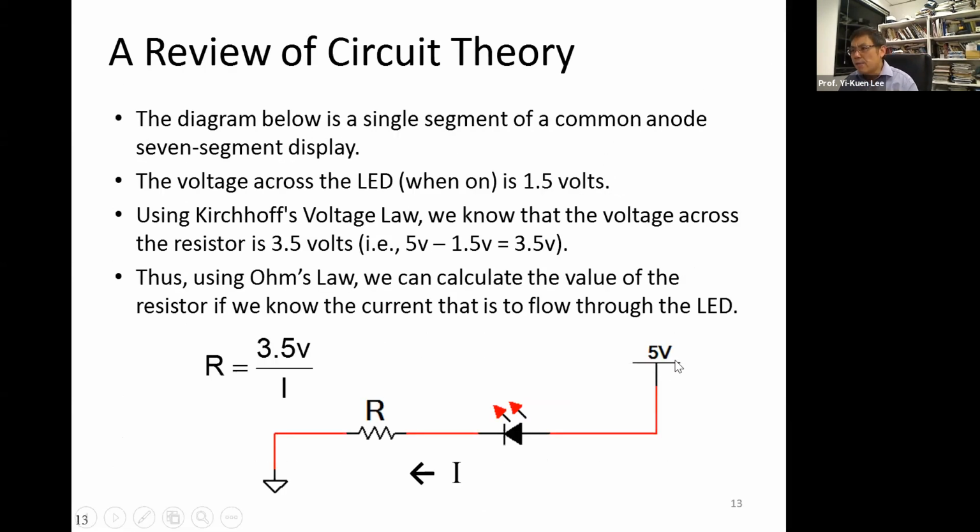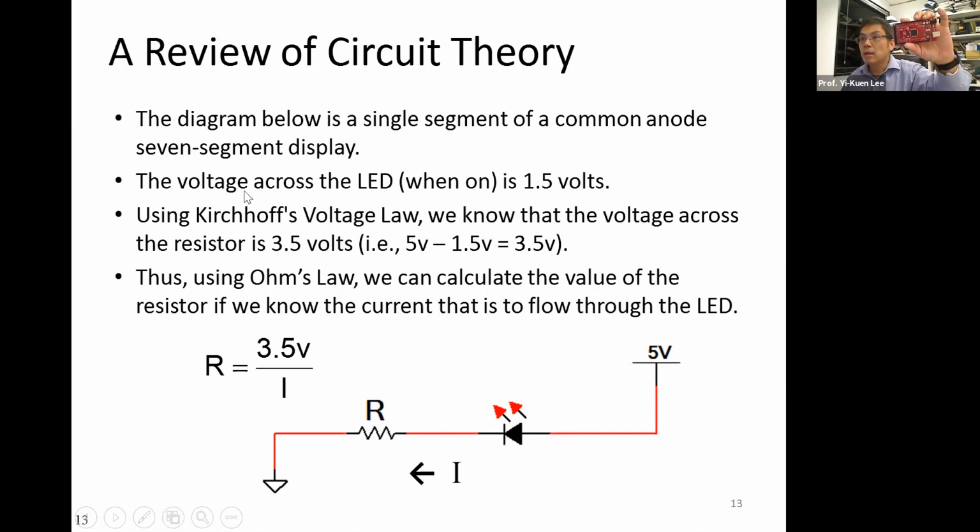Basically, a typical Arduino will provide a 5-volt signal. Let me show you, right? So the typical voltage from Arduino is 5 volt, and then we need to find some typical R value, right?